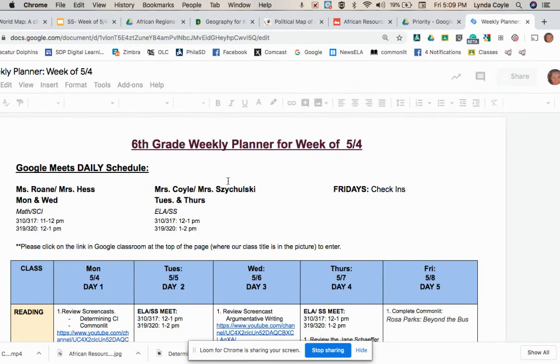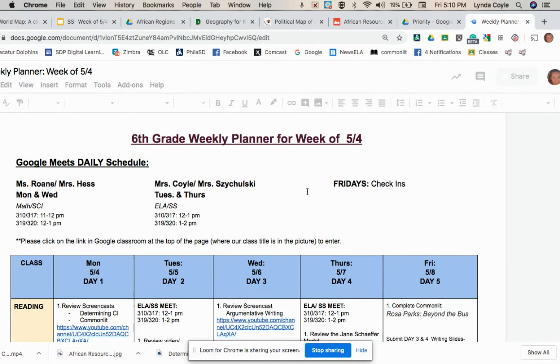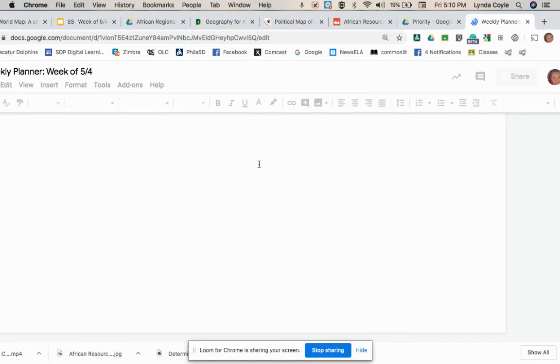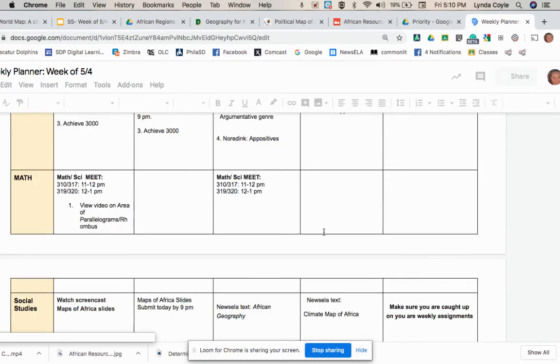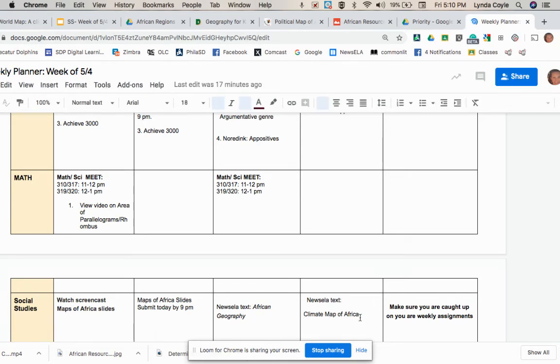It is not completed. We'll have 2 Newsela stories, African geography and climate, and a map of Africa. Please make sure you are leveling the Lexile of that.